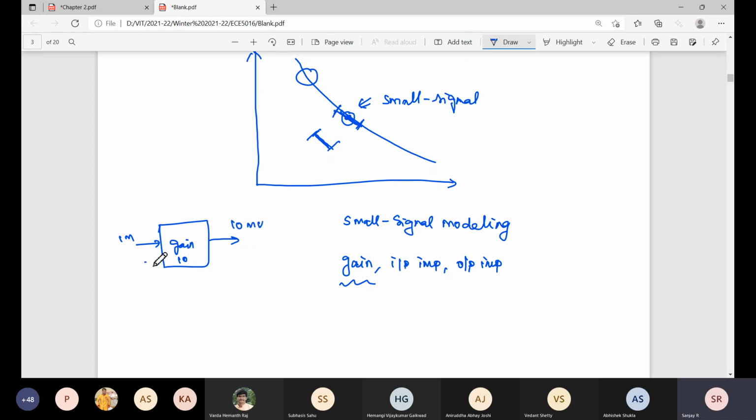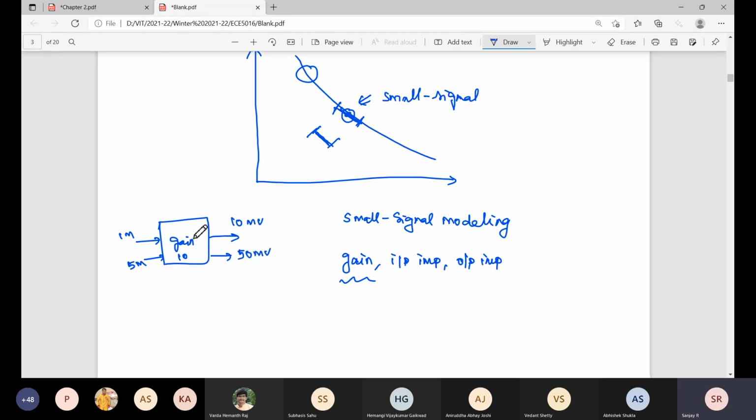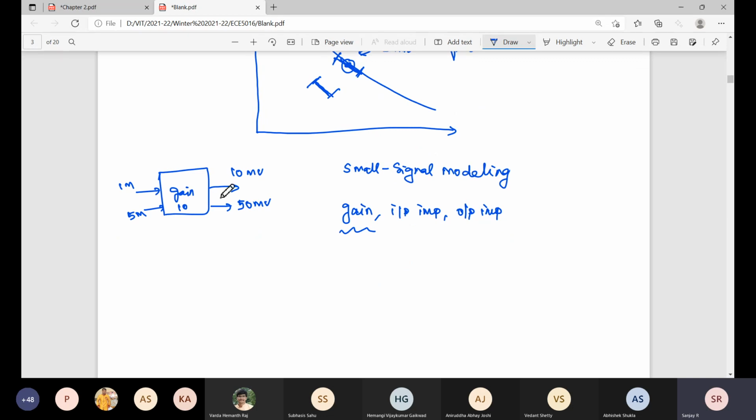If we apply an input signal of 5 millivolt, what will be the output? 50 millivolt. Am I right? So here, Vout equals A_V times Vin. It is a linear equation.